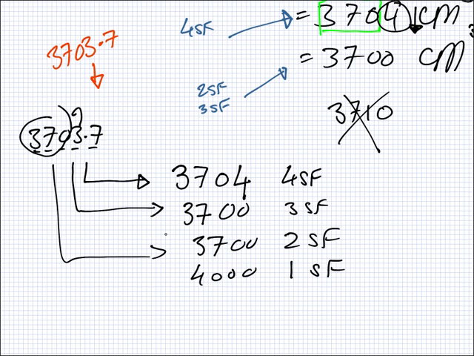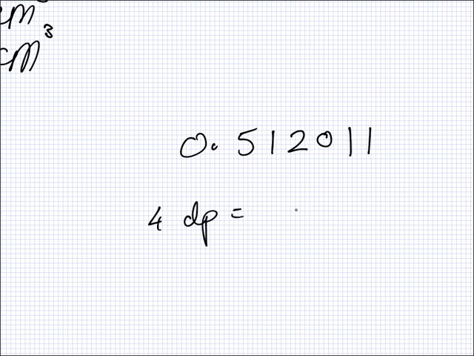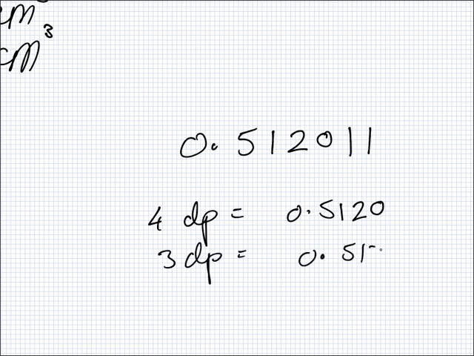So maybe just to clear this a little bit. Okay, suppose I had a number like 0.51201. What is this number to 4 decimal places? 0.5120. What is it to 3 decimal places? 0.512.